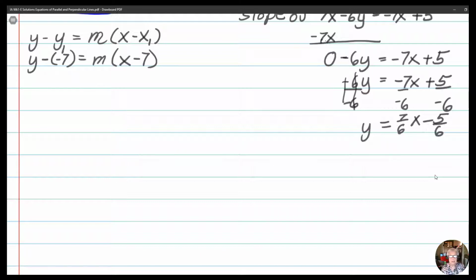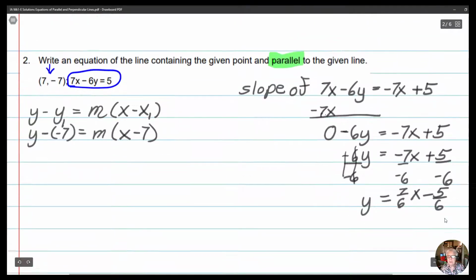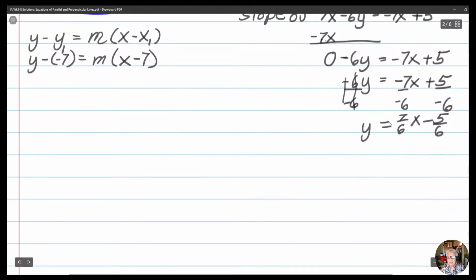Now at this point, it feels like we're done, right? And a lot of people get the problem wrong because they think that they've solved the problem. You haven't.